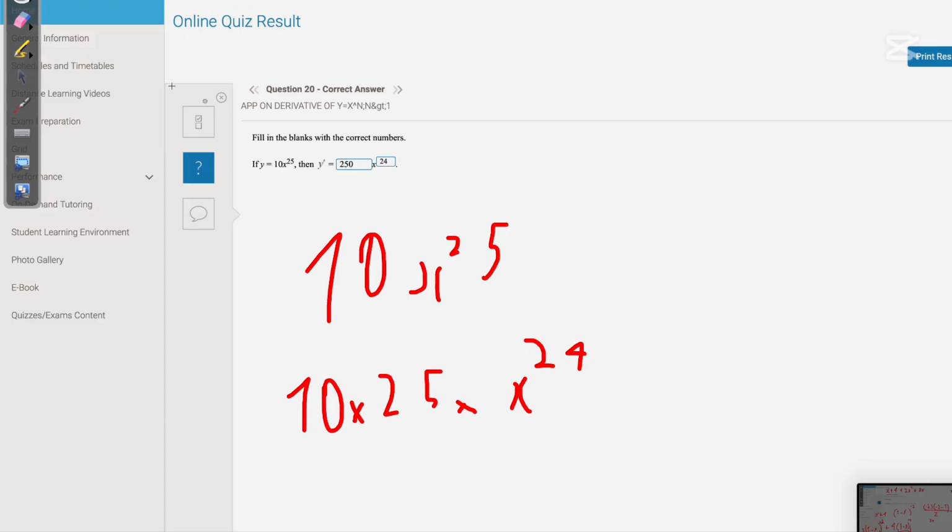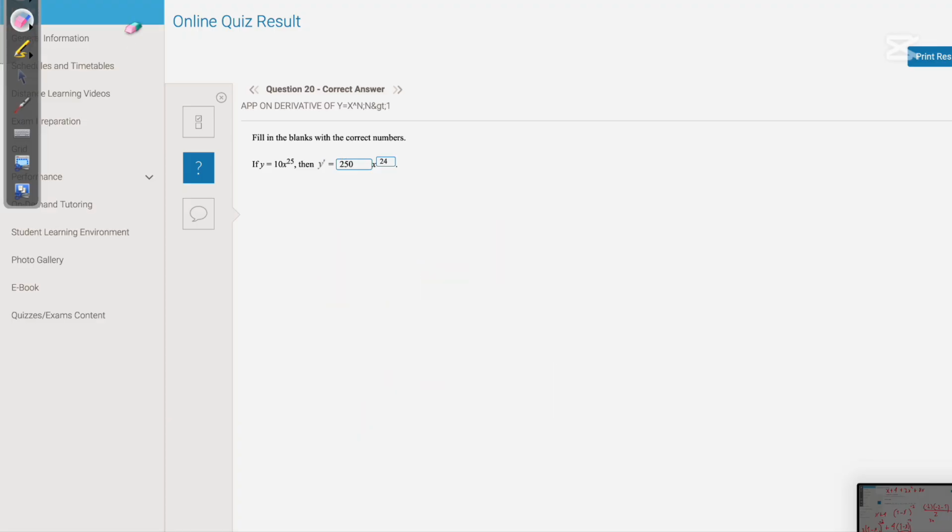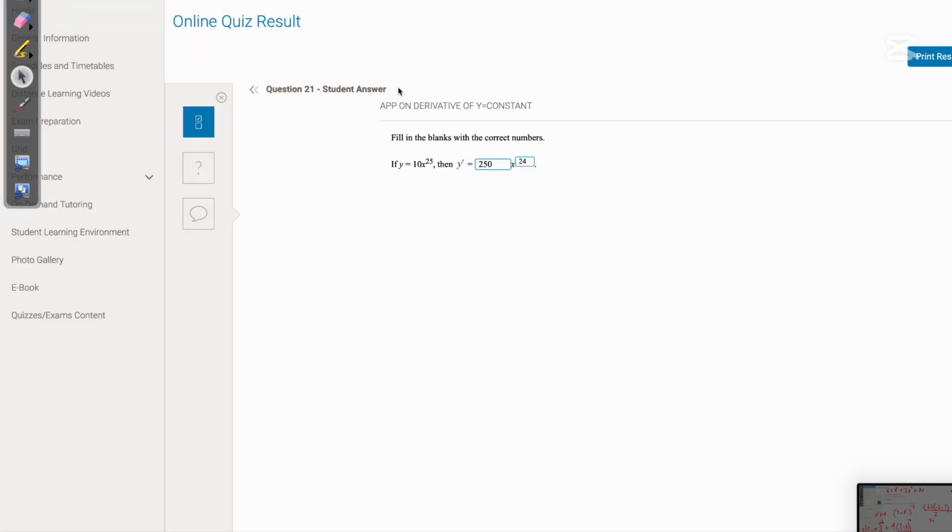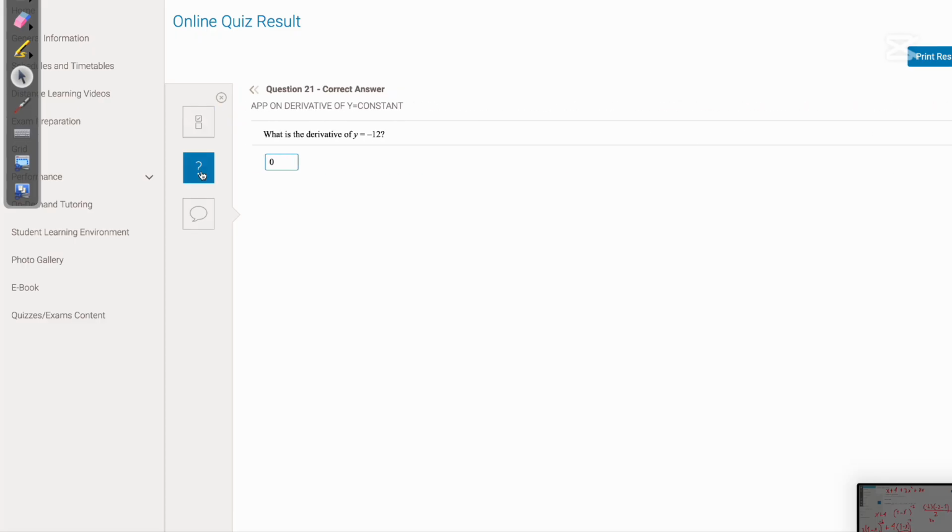That's 250x to the 24. Number 21, the last and final question, the easiest question of the entire quiz. The derivative of y equals negative 12. The derivative of any constant is 0.